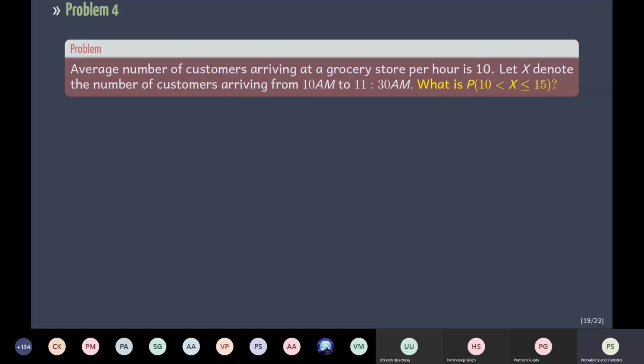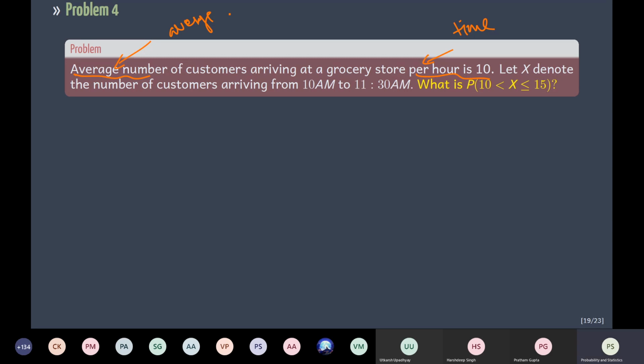So this seems to be Poisson, because the average number is given to us and there is a time involved here. So this seems to be a classical case of a Poisson, and indeed it is.